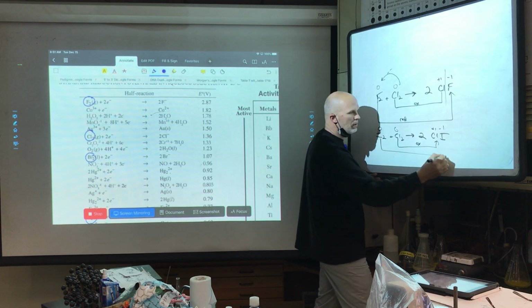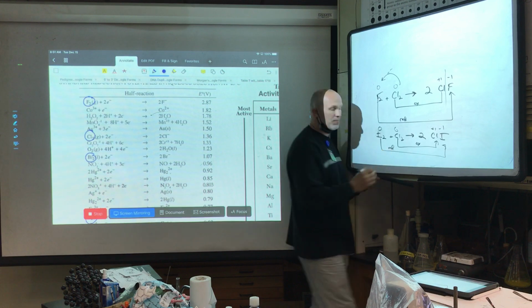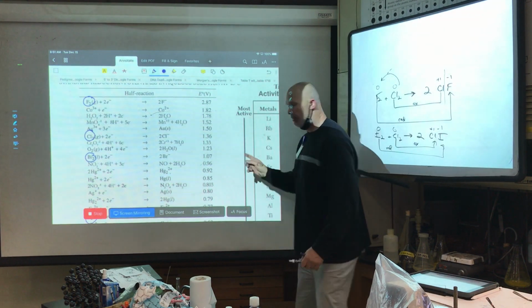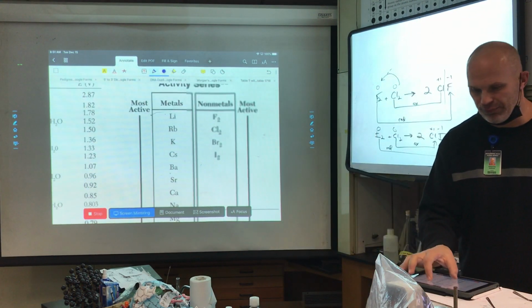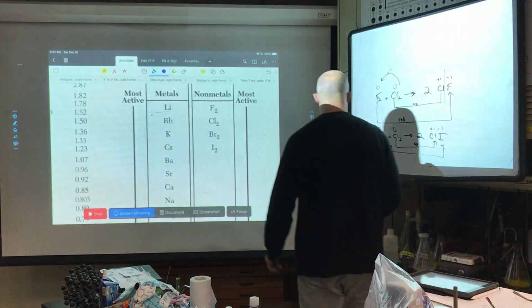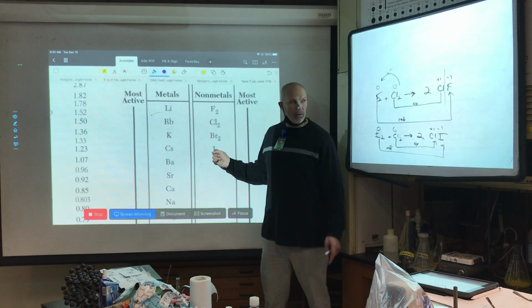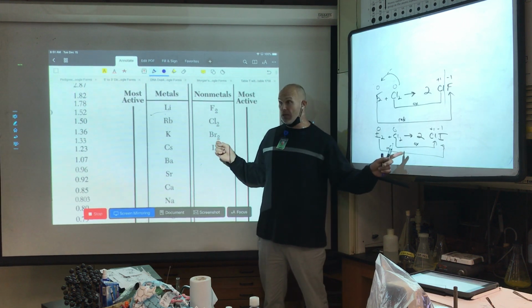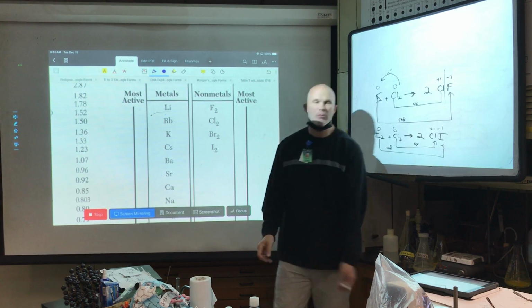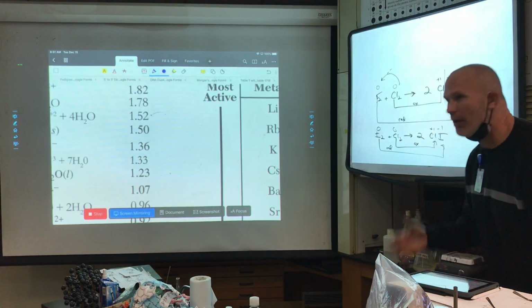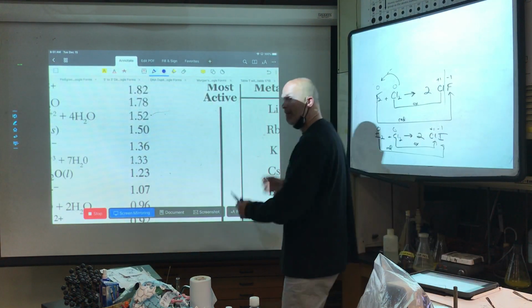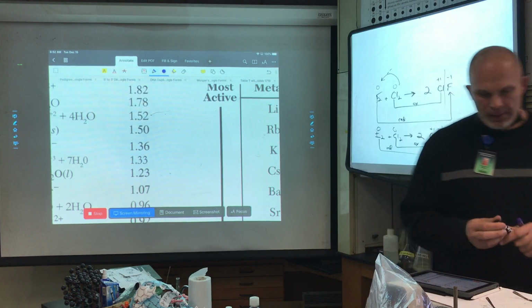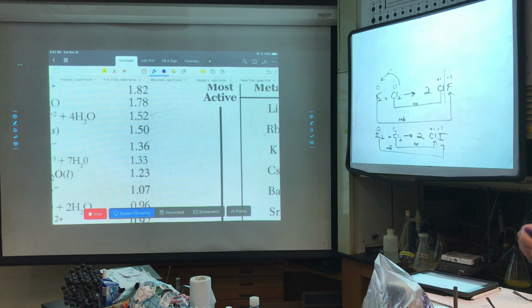This one had to get reduced. Is this spontaneous, based on table J? Well, iodine's reducing when chlorine needs to reduce. Okay, you see that that's non-spontaneous? But the rest of the world would just use net potentials. I'm sorry, but that's what you're going to have, and I need to throw that at you. Okay, that being said, let's continue.